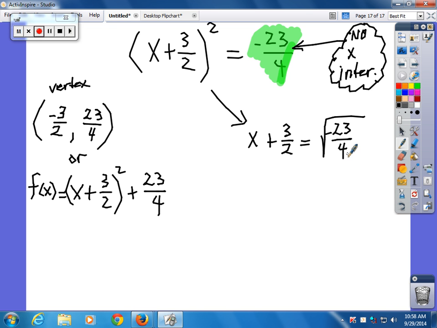I can take the square root of positive 4, because that's negative, or you can put the negative down here, but I don't know why you do that because you can take the square root of positive 4. So I'm going to rewrite it. x plus 3/2 is equal to the square root of negative 23 over 2.